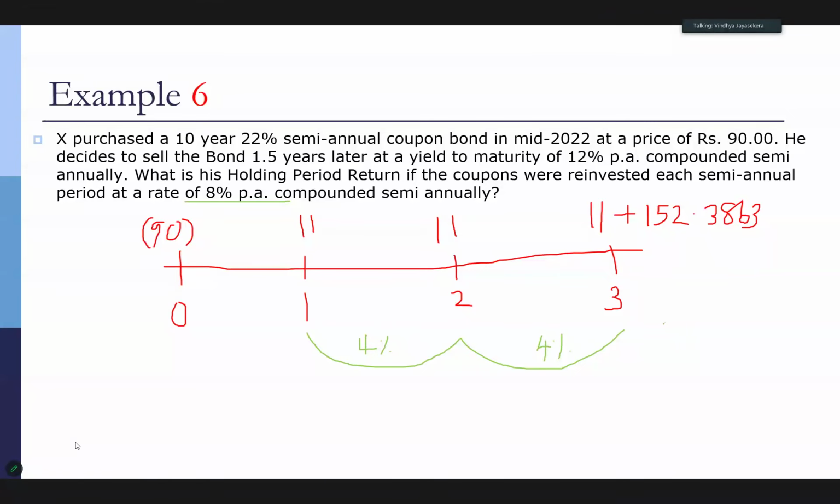How much will your coupon be worth at the end of the 2 periods? 11 rupees into 1 plus 4% compounded 2 times. That is the first 11 rupees. What about the second 11 rupees?